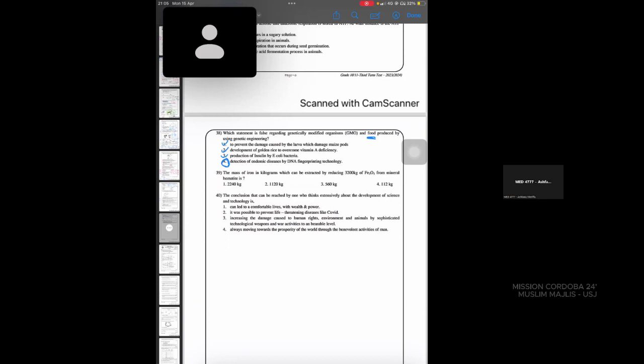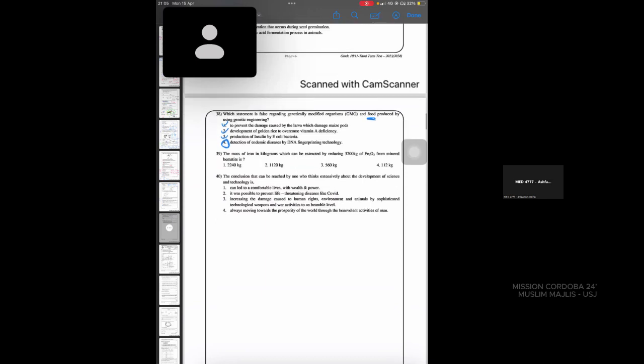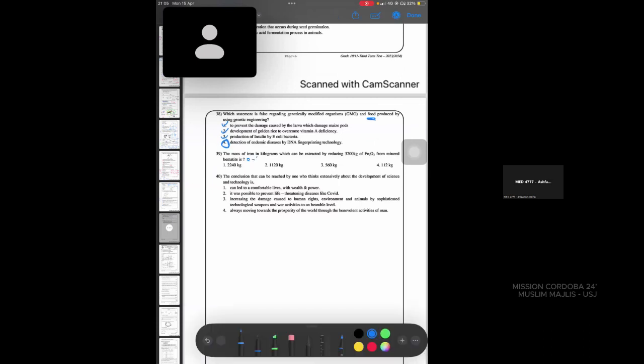Mass of iron in kilograms that can be extracted using 3,200 kilograms of Fe2O3 from mineral hematite. Oxygen is 16 and iron is 56. So can someone remember the equation for this? If you can remember this equation, you are really brilliant.